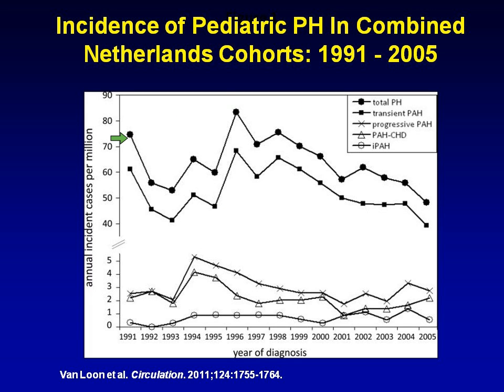What they found is that there are quite a few children with so-called transient pulmonary hypertension. These may be newborn babies with what's called persistent pulmonary hypertension of the newborn, or children with congenital heart disease where after you surgically repair them, the pulmonary hypertension goes away.